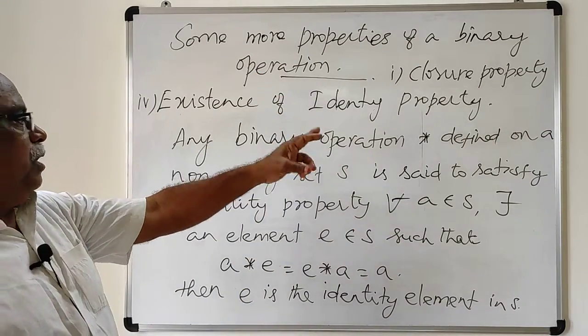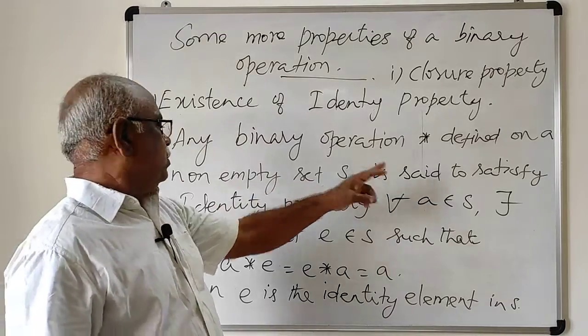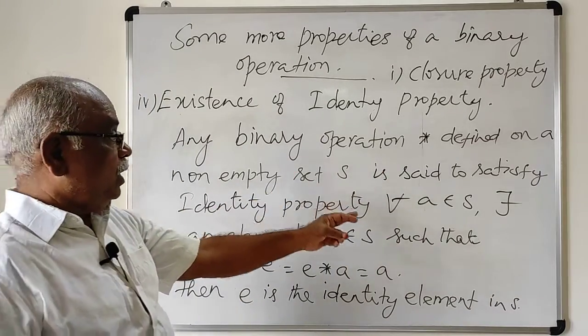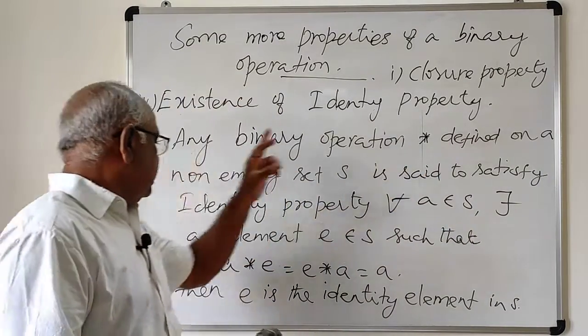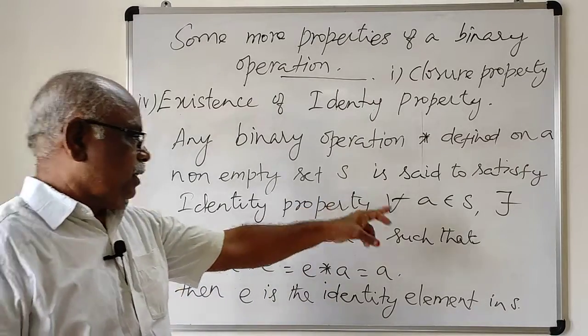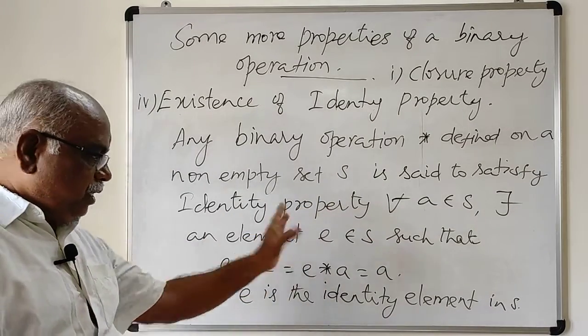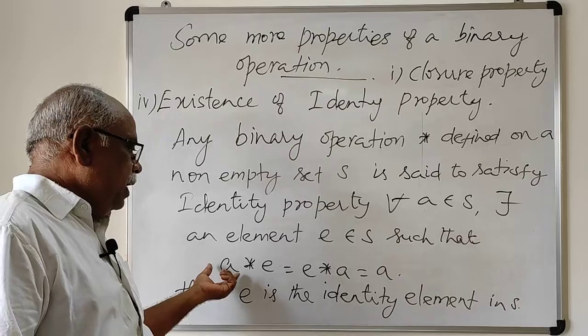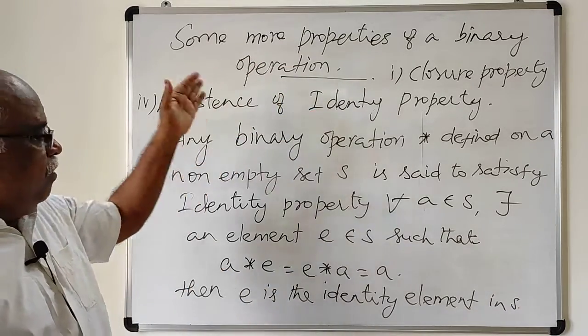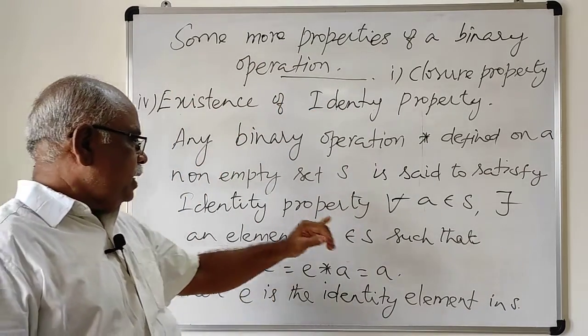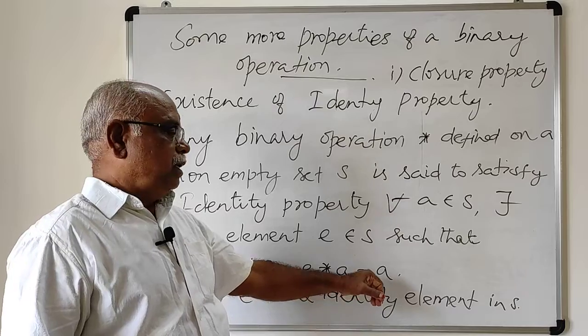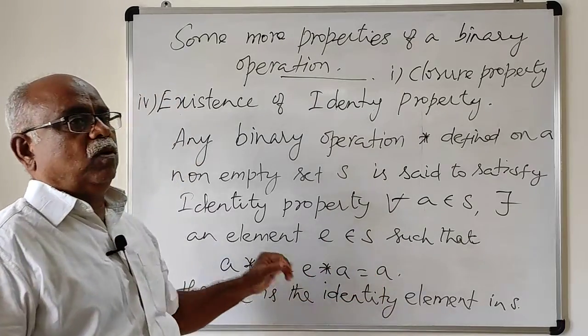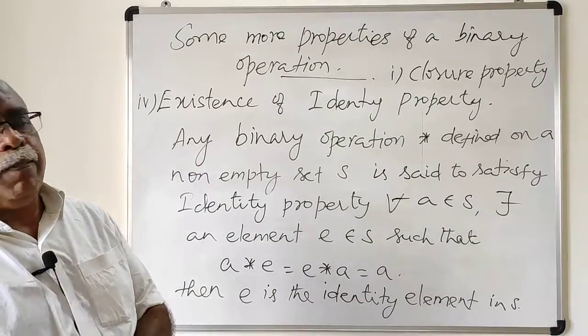If you operate any element in the set S with the element e, it gives the same element again. That's why this e is called the identity element in the set S.